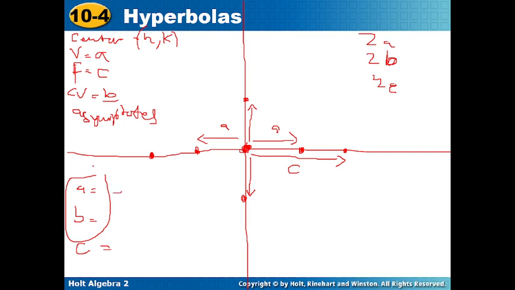And this C comes from the equation C squared is equal to A squared plus B squared, correct? Okay. So in this case, we know that there are 2 points for each of the values of A and B, correct?